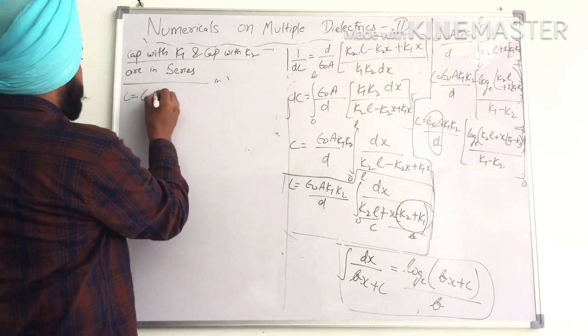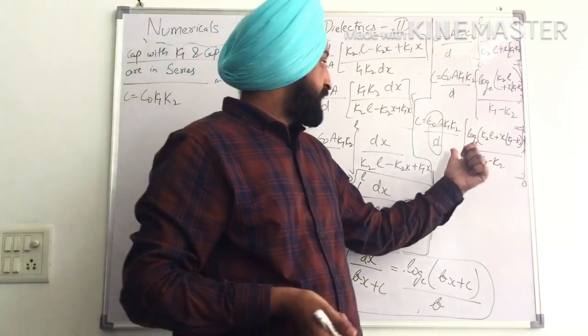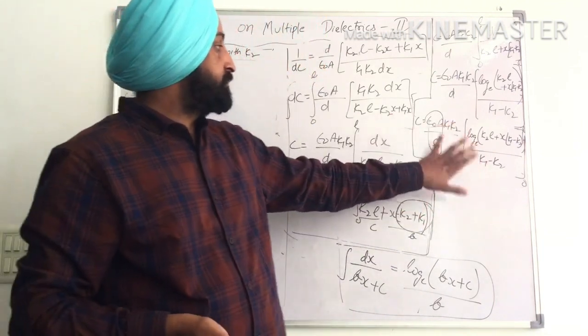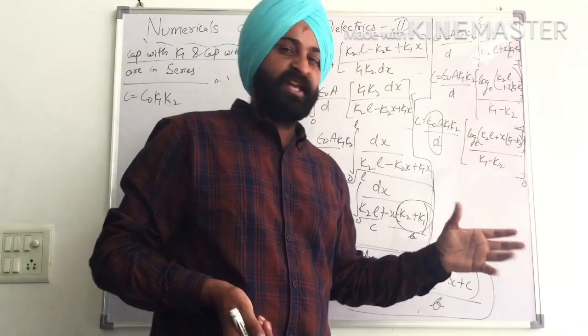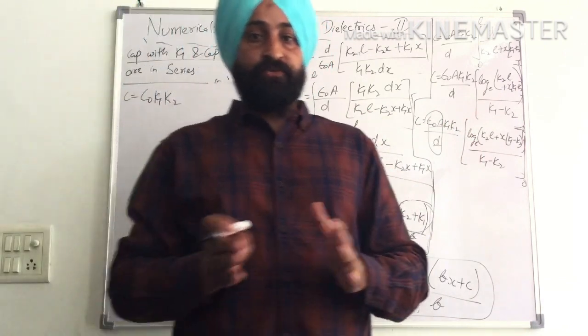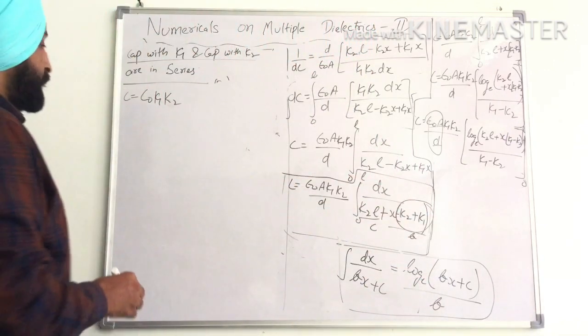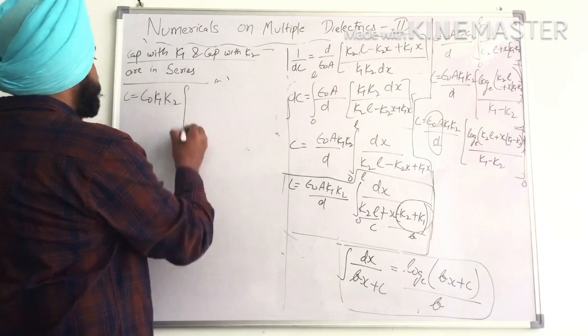So here we will be left with K1, K2. It depends upon your question whether they are asking you to solve it in terms of epsilon naught A by D, then you have to keep it as it is. Otherwise, if they are giving the answer in the form of C naught, then you can do this. K1, K2 will of course be there.